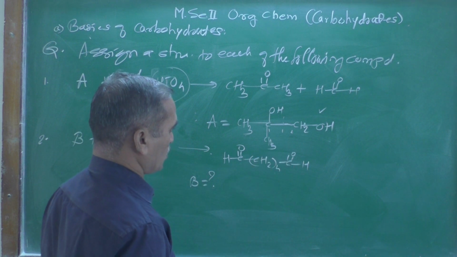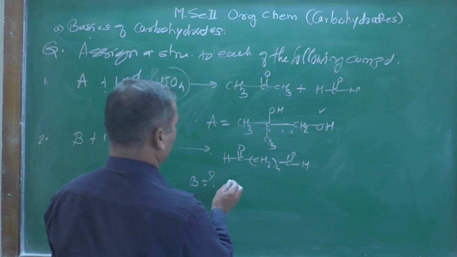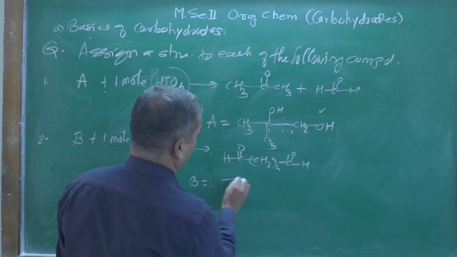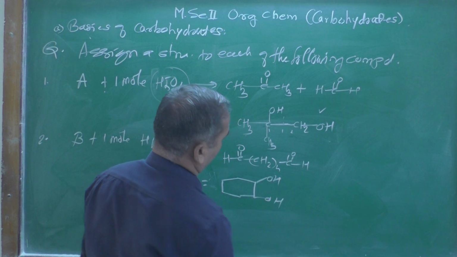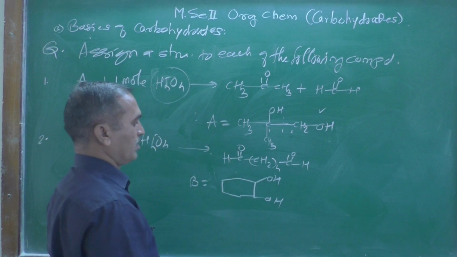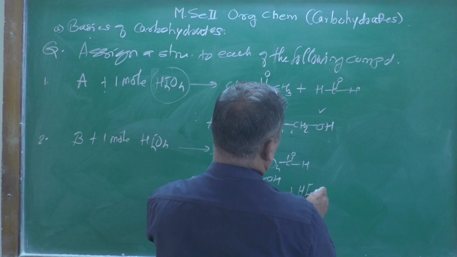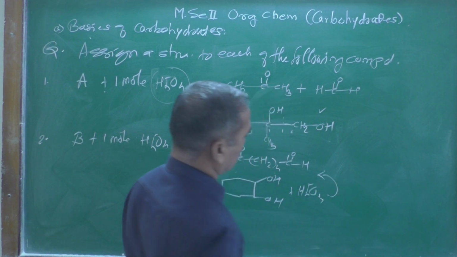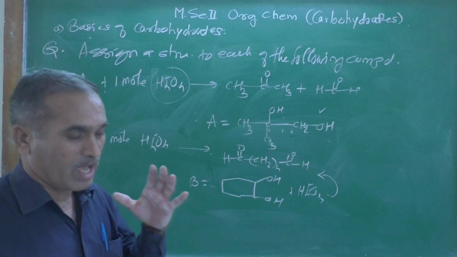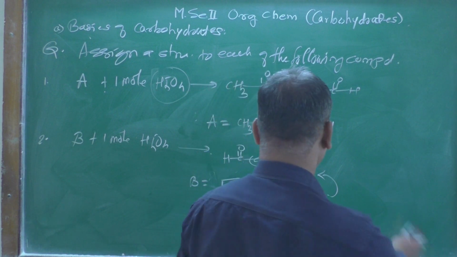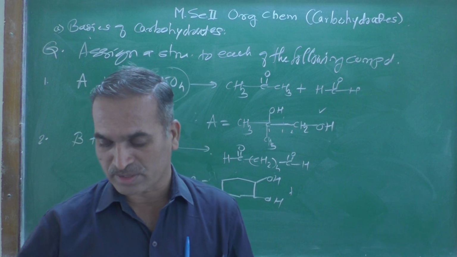So when these aldehyde groups are obtained, the structure is like this, with OH and OH. When this structure is treated with HIO4, it will give this type of structure. In that way you have to think logically about what the structure of that compound could be.